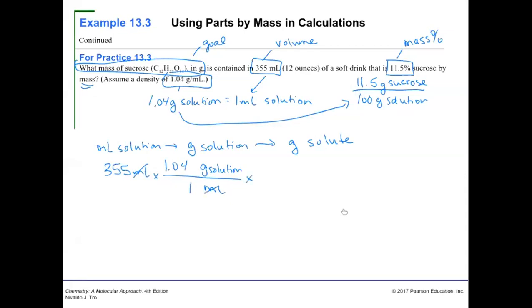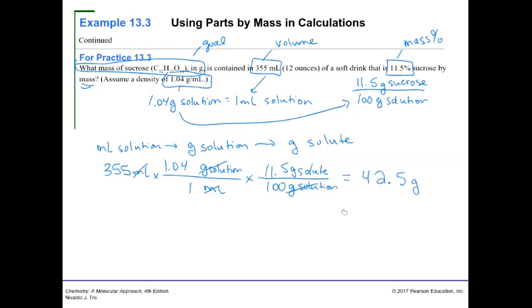And then to get our grams solute, we know that 100 grams solution has 11.5 grams of our solute. So that lets us cancel grams solution. And then we can plug in to get 42.5 grams of solute.